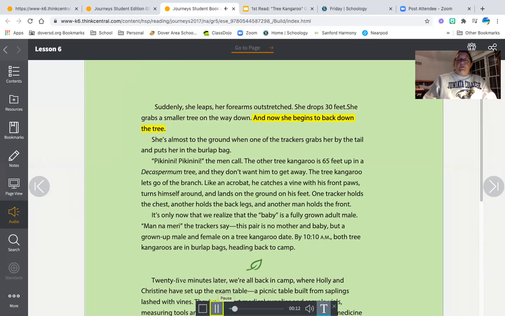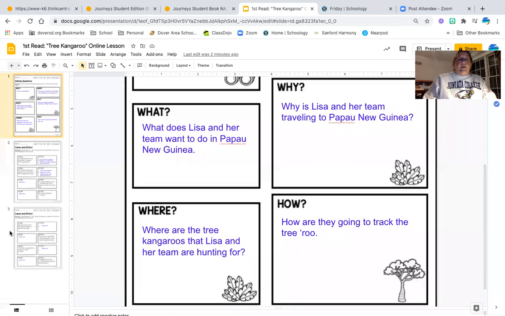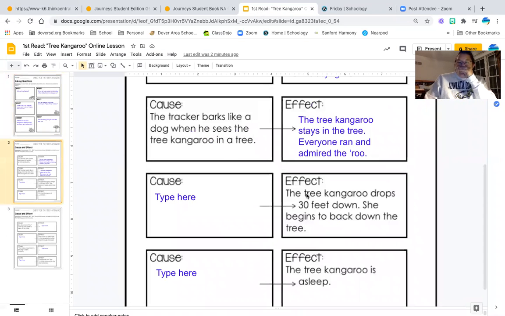So I remember seeing that she drops 30 feet when we were looking at her cause and effect page. Here it says the tree kangaroo drops 30 feet down. She begins to back down the tree. So then we need to think, well, what happened right before it? Why did the tree kangaroo drop 30 feet down?